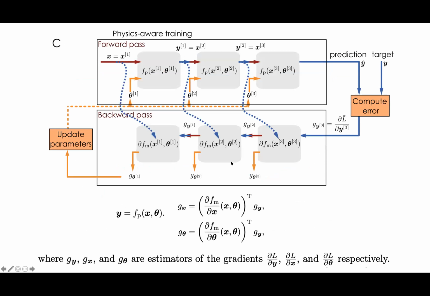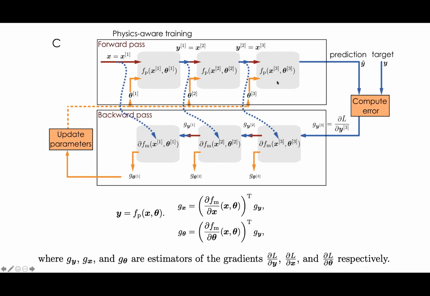Okay, so in this slide I'm going to introduce the details of the hybrid algorithm. So this is the forward pass. The P in f_P stands for physical. So you can see f_P is an operator that takes the input x and parameter theta as input and outputs y1. And y1 also acts as the input of the next layer, x2, and theta2 is the parameter in the second layer, like this.